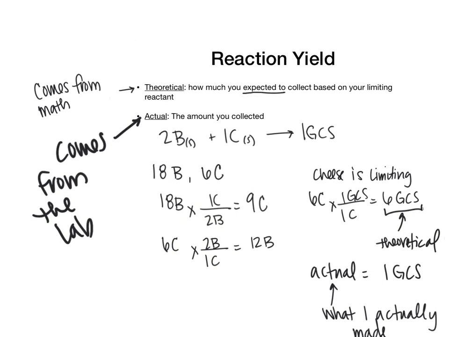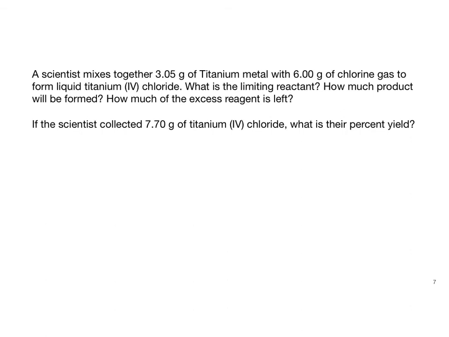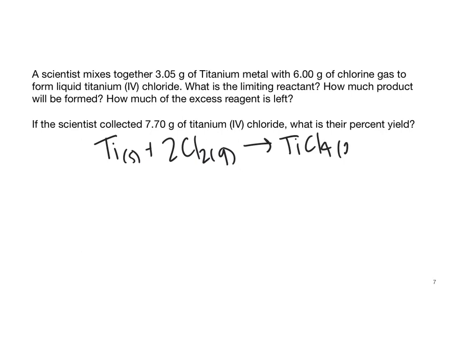So let's start to think about what that means. In this problem, where we have our scientist that's creating titanium 4 chloride, the scientist collected 7.7 grams of titanium 4 chloride. So what is their percent yield? To remind you, we're going to take our titanium solid plus 2 Cl2 gas, and that's going to give us titanium 4 chloride, which is a liquid.